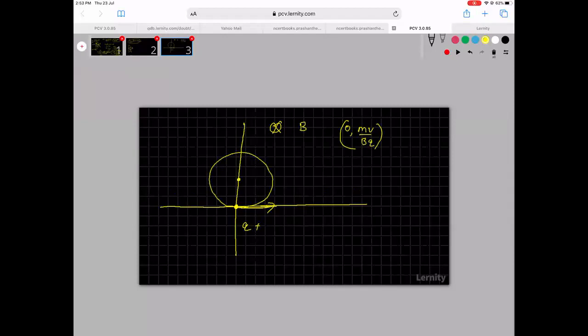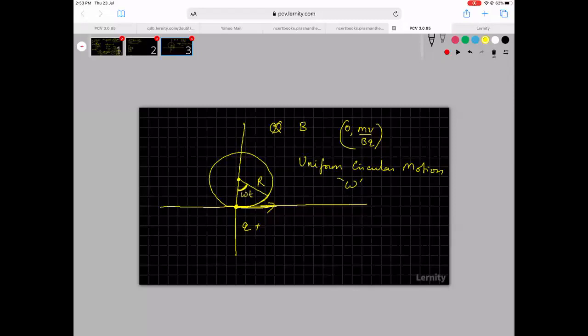As the particle is going like this, this is the radius vector, and this is uniform circular motion. So the particle has an angular velocity omega. Can I say that this angle here is omega t?